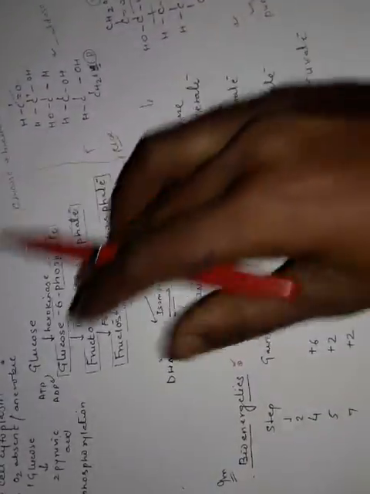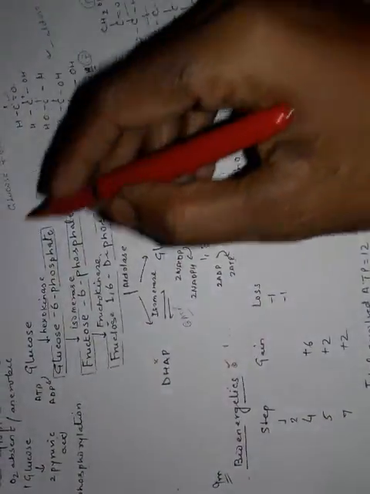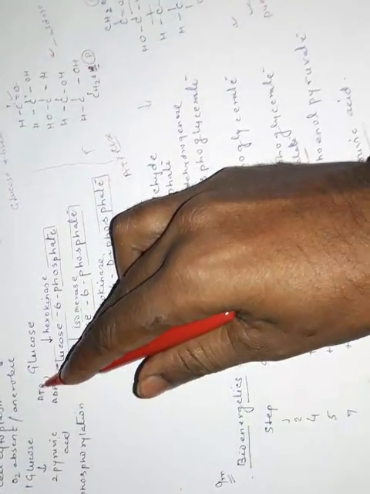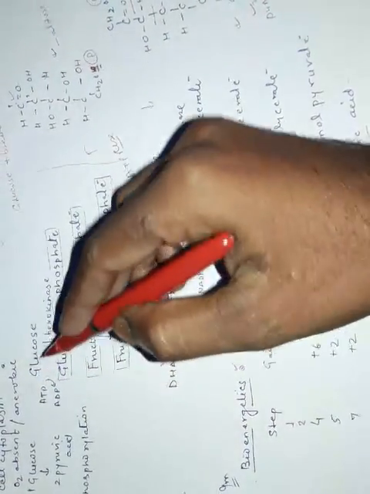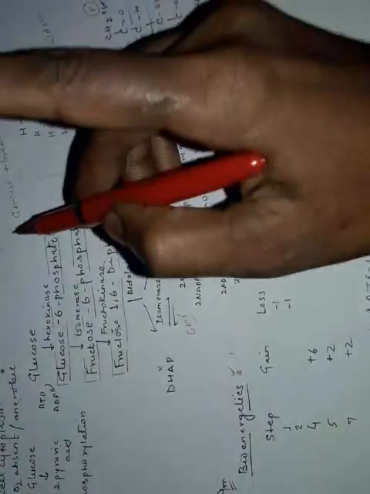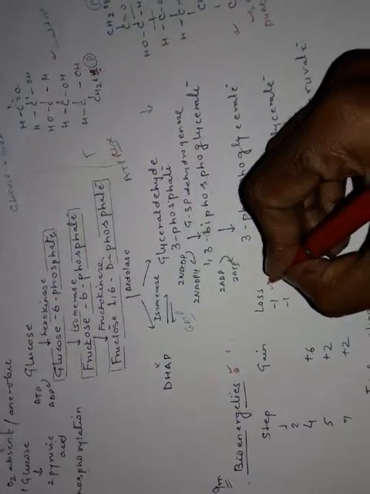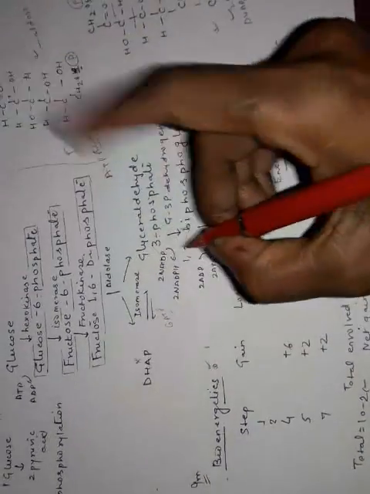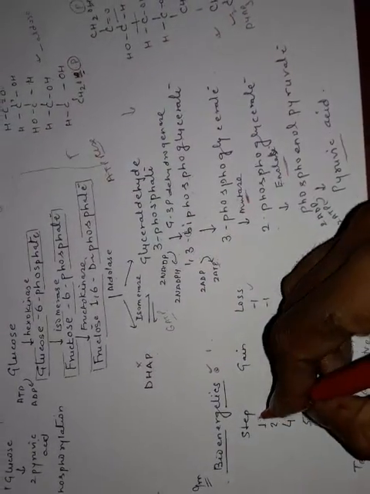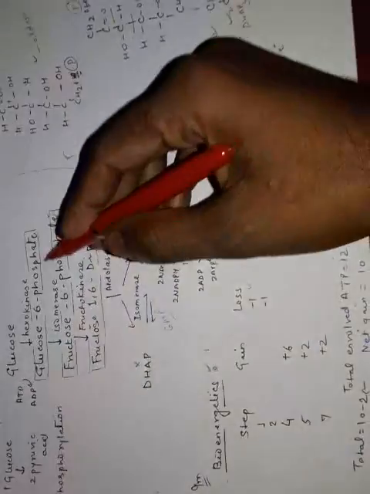If you see the first step, 1 ATP molecule is involved and converted to ADP, means here it loses one ATP molecule. So I have written -1 in the first step.